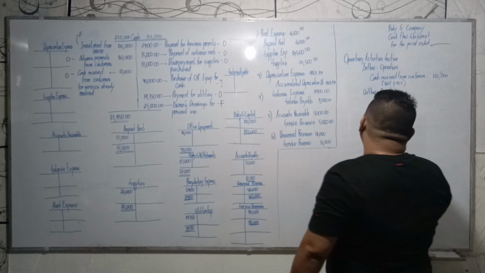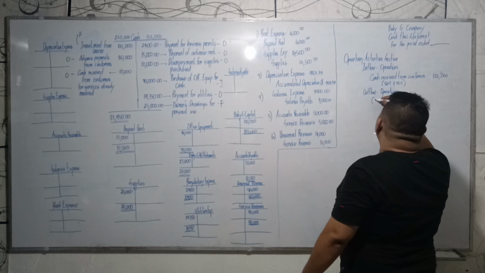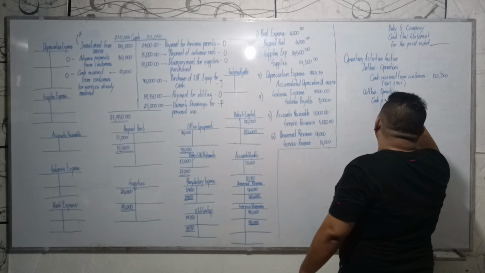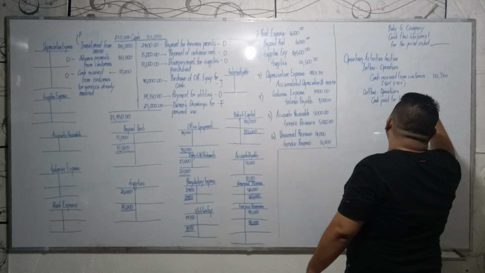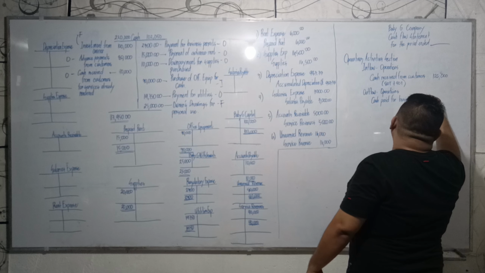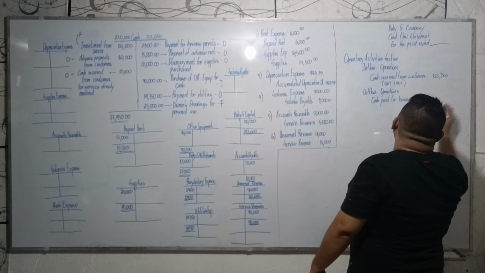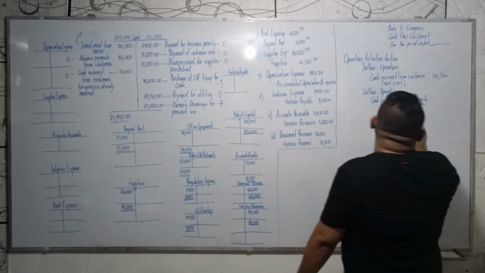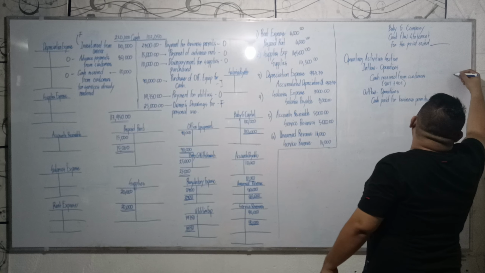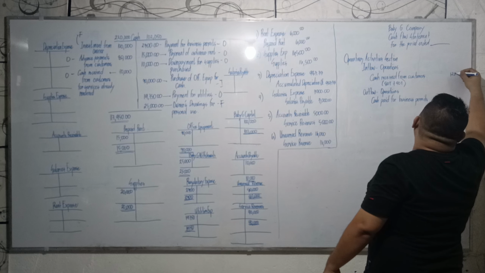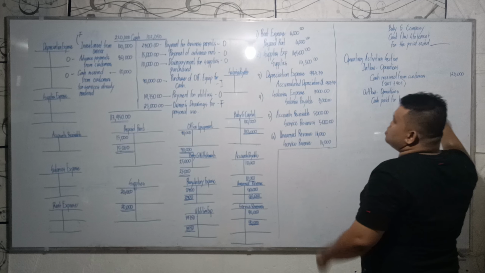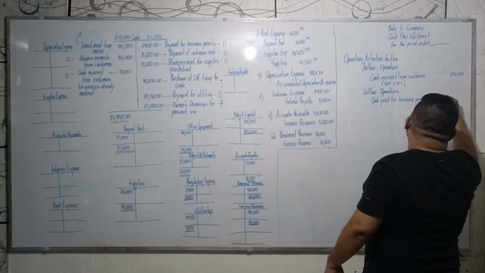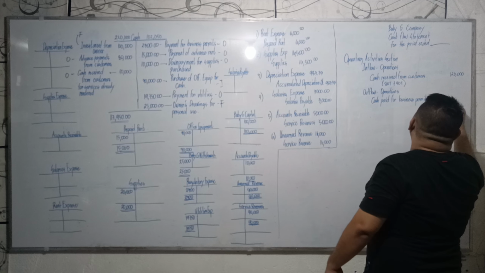Of course, you can put right here, cash paid for business permits. So you can indent. This is 120 right here. You have the cash paid for business permits worth 2,300.